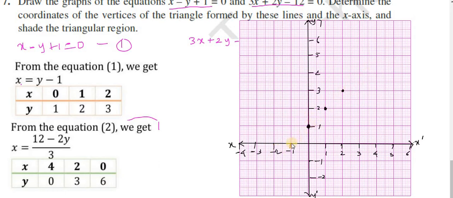You should touch all the 3 points. If you want you can put an arrow mark here, and you can even extend this line down as well.